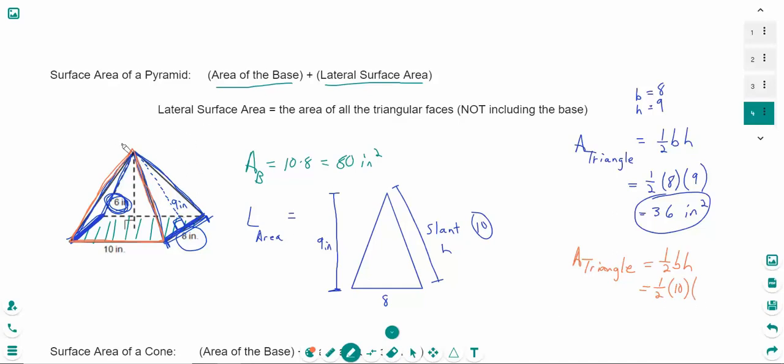If this is a right pyramid, then once we know the height on one triangle, we know the height on all of them. So this height is also 9. If we multiply this out, we have 1/2 times 10, which is 5, times 9, which is 45. So we have 45 inches squared for this face.